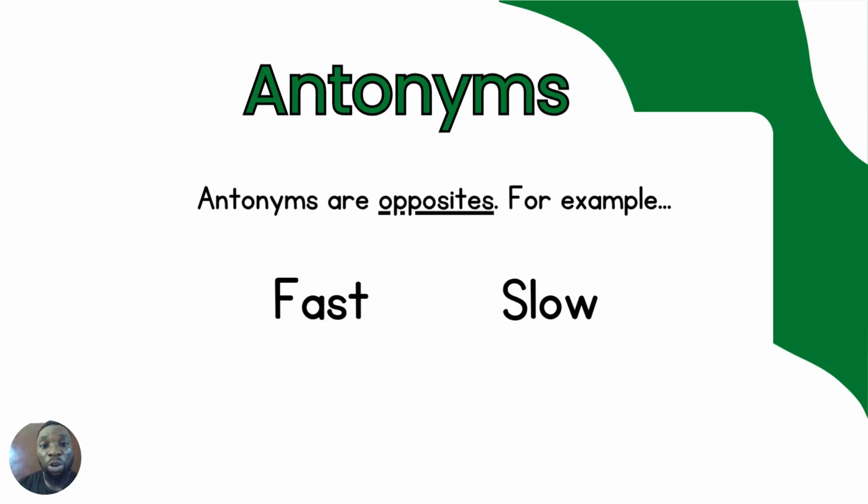So if I have a word, what does it mean in reverse or opposite form? The first example given to us there is fast. So, what is the antonyms of fast? We have slow. So, the opposite of fast is slow.